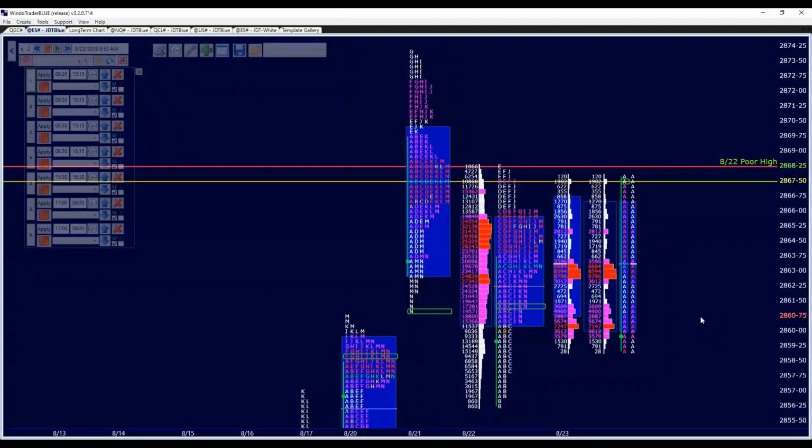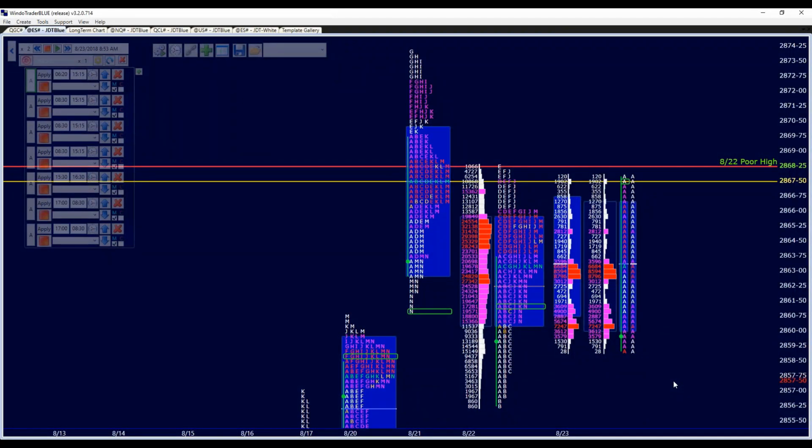We have too many single prints from the bottom, at least in my opinion. What does that mean? When you have too many single prints, as you see right here, the market is very thin and there's no backing and filling. Usually when you have this situation, you have traders that are just emotionally buying the market because these single prints are to the upside.